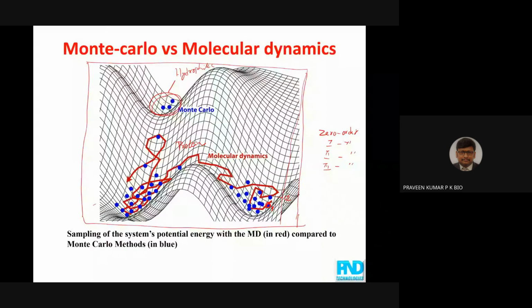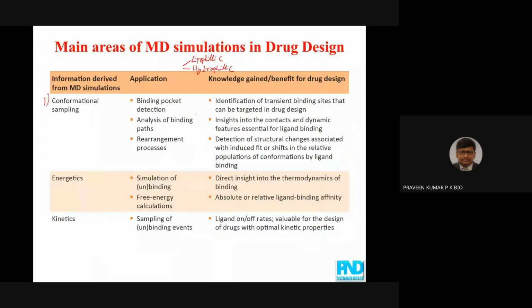The binding sites are present inside, so the water can't get inside, even if you pour water inside this cubical box. This is how we can distinguish the hydrophilic binding sites, which are generally present on the surface of the protein, and lipophilic binding sites, which are buried inside the protein. So if you want to determine these kinds of pockets, multiple hydrophilic and multiple lipophilic binding sites, we can use the conformational sampling method.